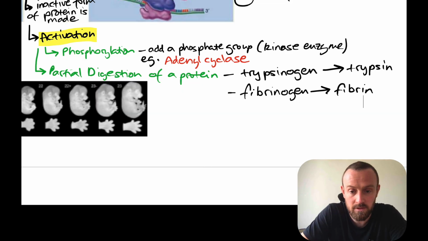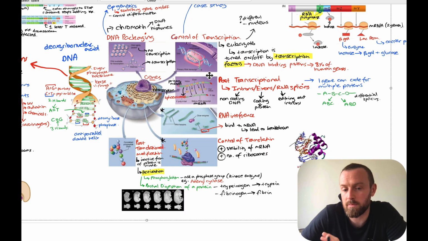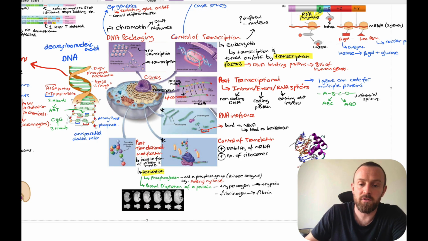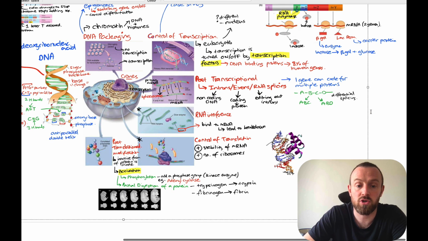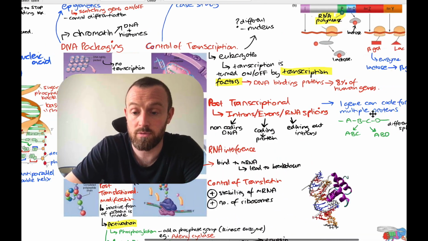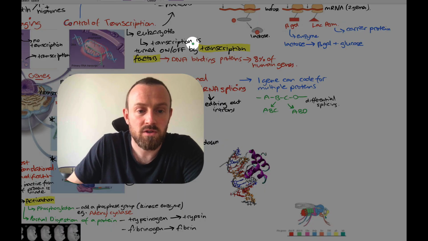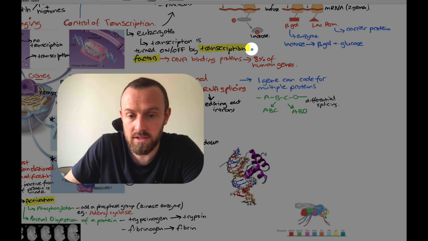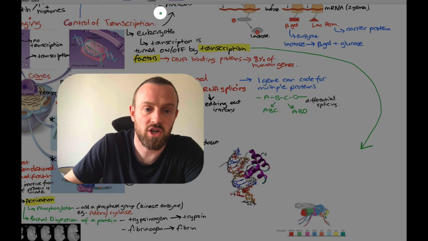So let's zoom out. So we've looked at lots of different ways that gene expression can be controlled. And there are one or two little extra bits in this unit that build on top of this. The first is an example of gene expression control through transcription factors. So I'm going to have to draw a sort of link here. So transcription factors, this highlighted word in yellow, I'm going to link all the way around down to here. Okay, Hox genes.